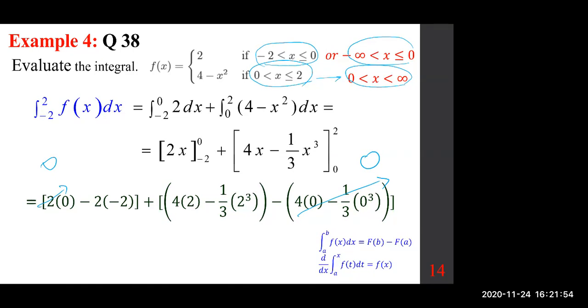So this is 4. This is 8. This is minus 8/3 because this is 8. And so you have 4 and 8 is 12 minus 8/3 is 28/3. So I hope everybody is comfortable with the basic algebra behind this, okay? So that shouldn't be too big of a deal. So algebraic steps sometimes take longer, but I have to assume you're comfortable with that. You can't afford to mess that up. Okay.